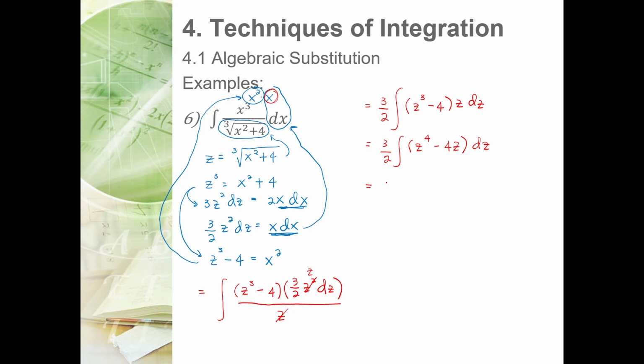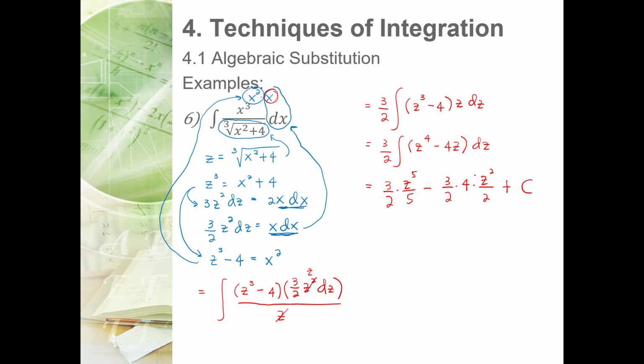Okay, so we can now integrate. So 3 halves times z to the fifth all over 5 minus 3 halves times 4 times z squared all over 2 plus c.